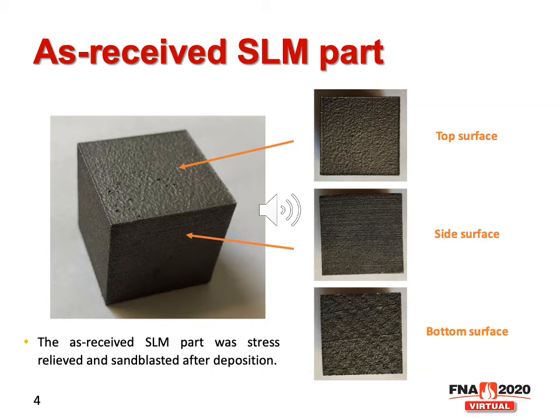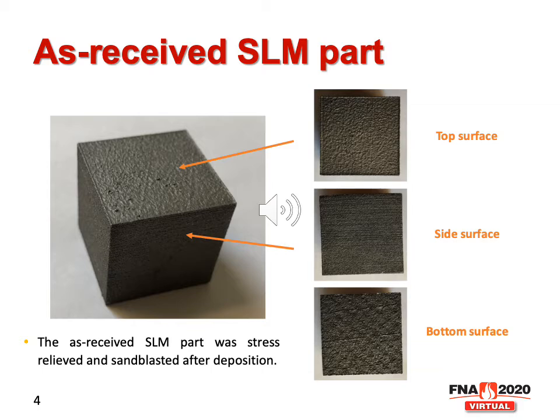This is the as received AM part, which is fabricated by the selective laser melting. After deposition, the part was stress relieved and sandblasted. And the three images on the right side show the surface condition of different areas for this part.